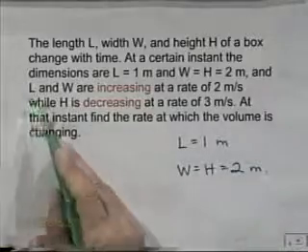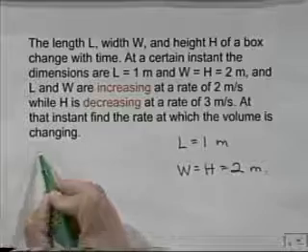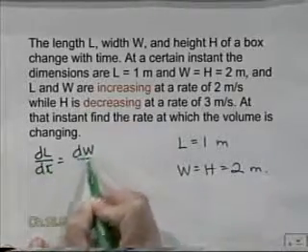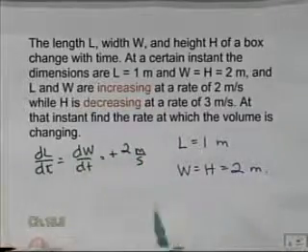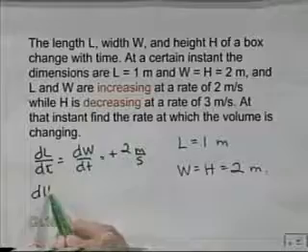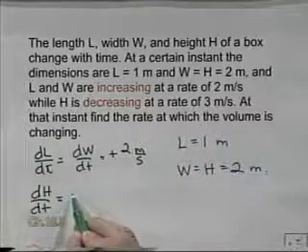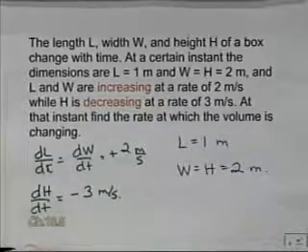They're telling us how length and width are changing with respect to time. So they're telling me dL/dt and dW/dt are plus 2 meters per second, while H is decreasing at a rate of 3 meters per second, so that's going to be a negative 3 meters per second.